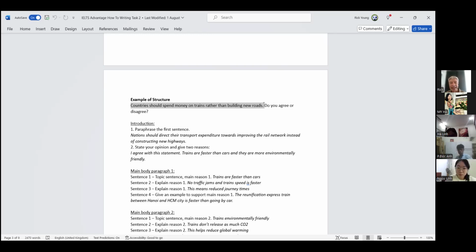This first sentence, can you remember what the first sentence is called? Its name? Paraphrase? No, that's what you do with it, but can you remember what the sentence is called? It's called the thesis statement.